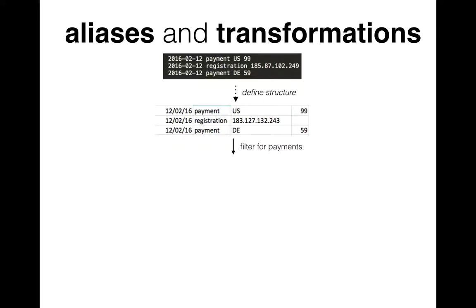Let us move on. It's still not perfect. It's still not like an Excel table, because we have different kinds of events in this table. We have both payments and registrations. So let us just move on and filter for payments. This is something that we call a transformation in Pig. So there are aliases, which is a structured representation of an unstructured file, and there are transformations, which take an alias and transform it into another alias.